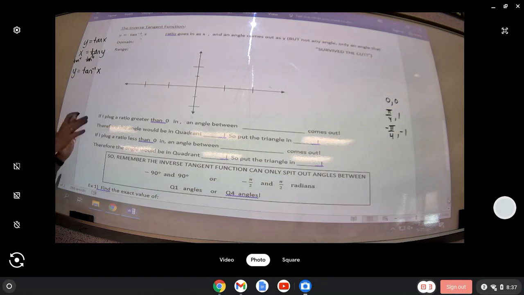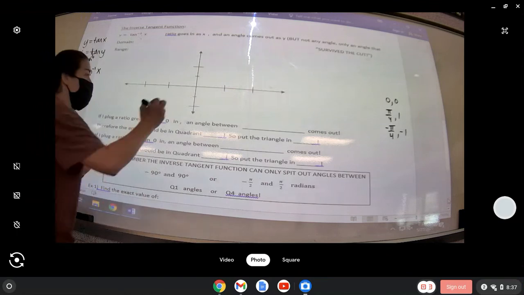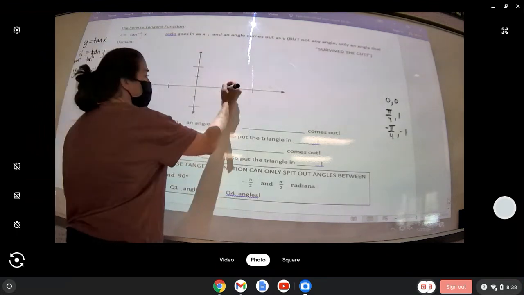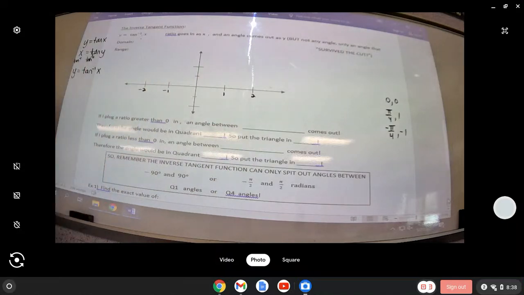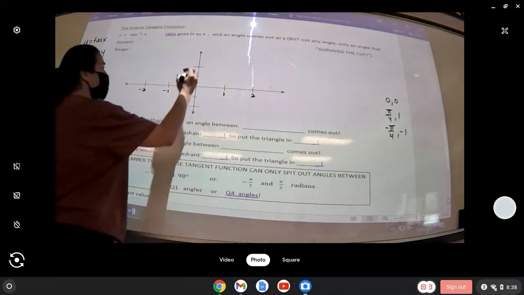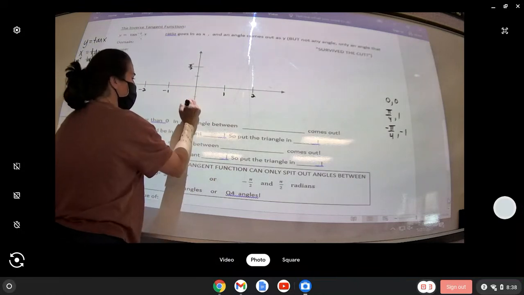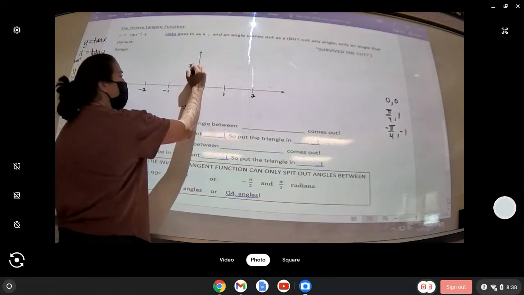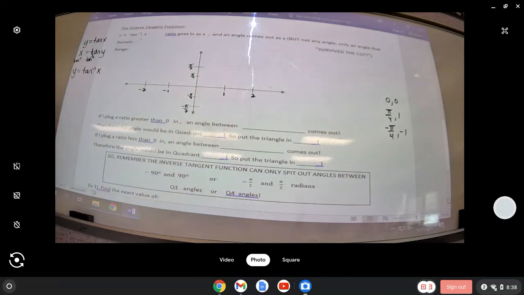Okay, so guys, if you think about this, the point 0, 0 was on the graph of his inverse, which means now you have ratios, 1, 2, -1, -2 going in, and you have angles coming out, right? So it went from pi over 2 to negative pi over 2 that survived, and then I gave you some pi's over 4, halfway in the middle. So 0, 0 used to be on the graph of tangent.